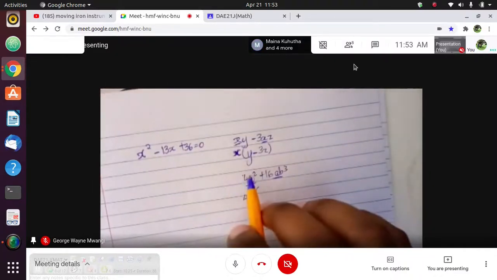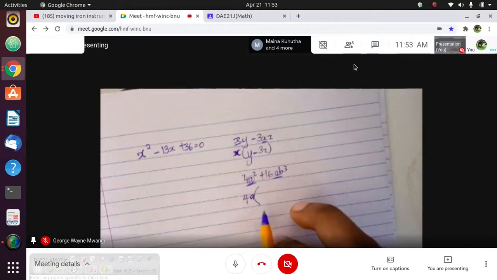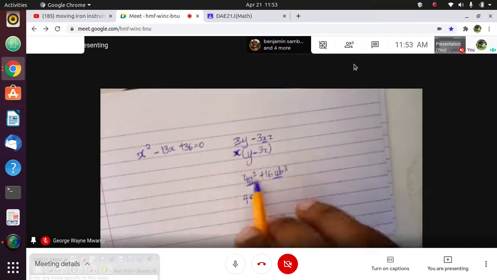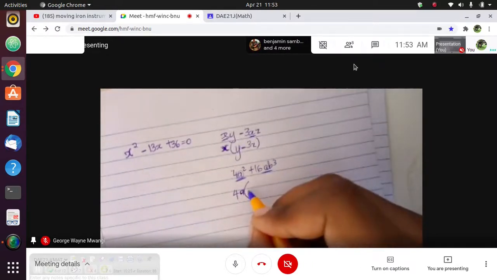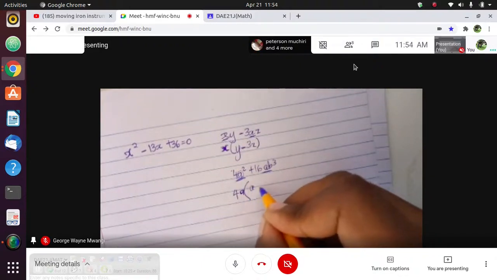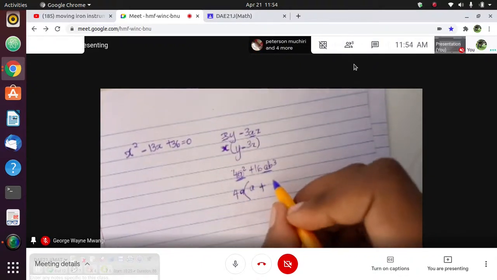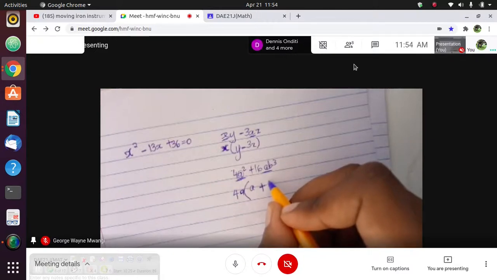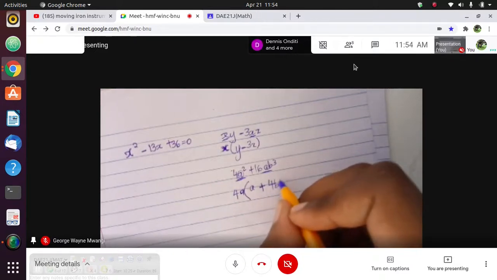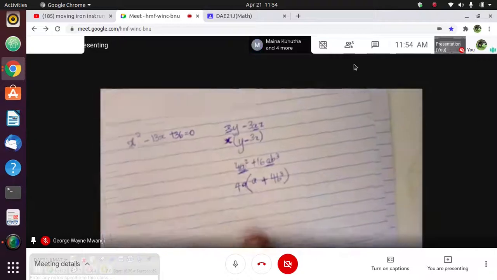Unabaki na ngapi? When you factor out 4a in this expression, unabaki na a plus 4b cubed. What we are doing is we are factorizing.